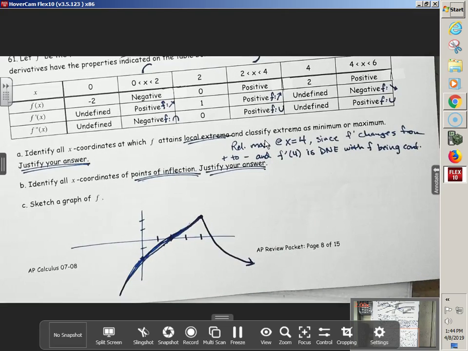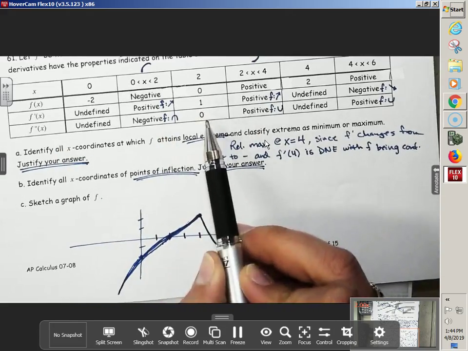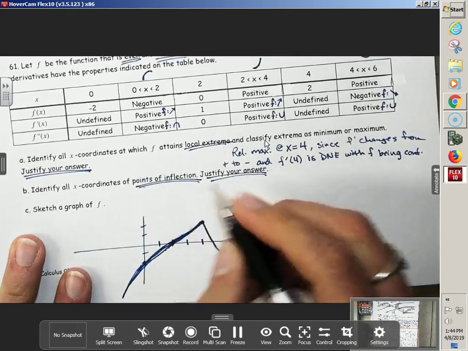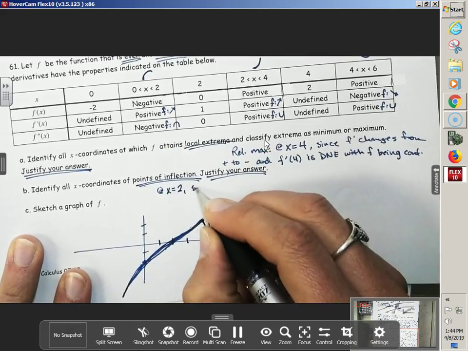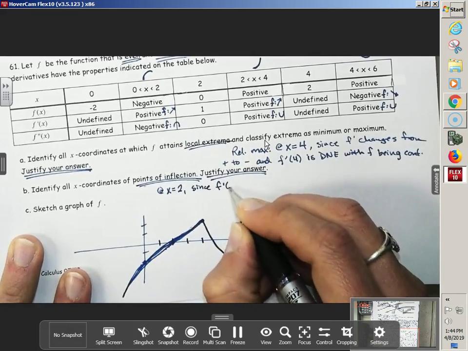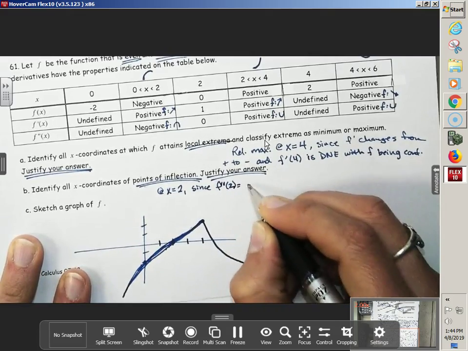And then points of inflection, I think there's only one, because the second derivative only changes sign at one place, at a PIP, which is at 2. So the point of inflection is going to be at x equals 2, since f double prime of 2 equals 0.